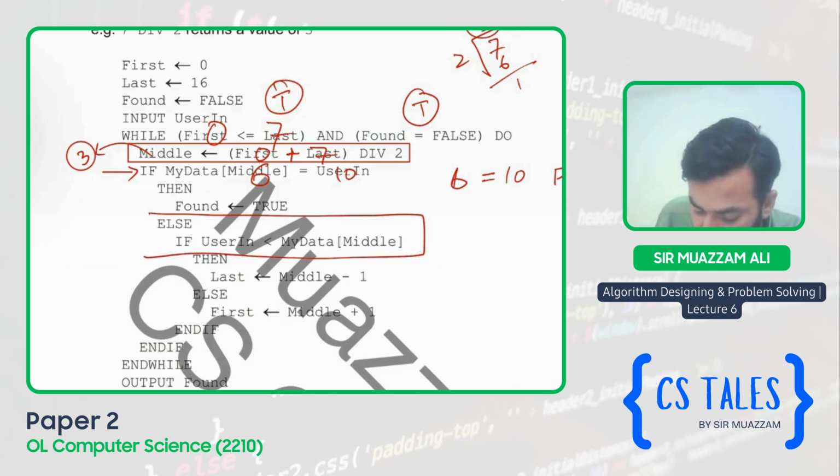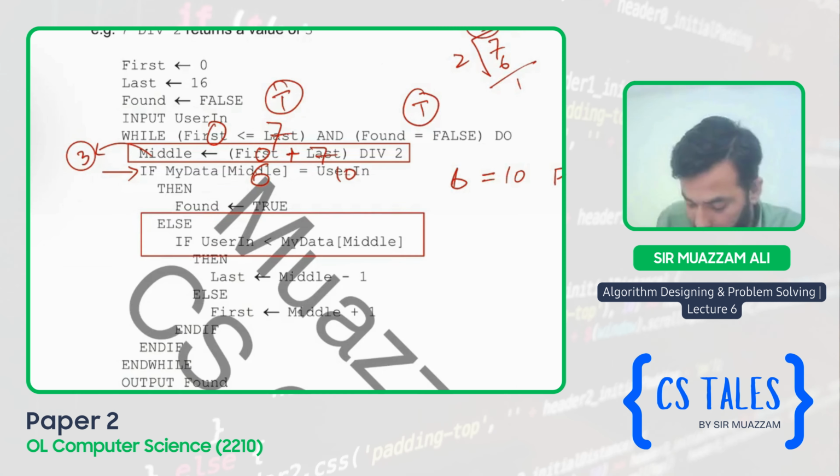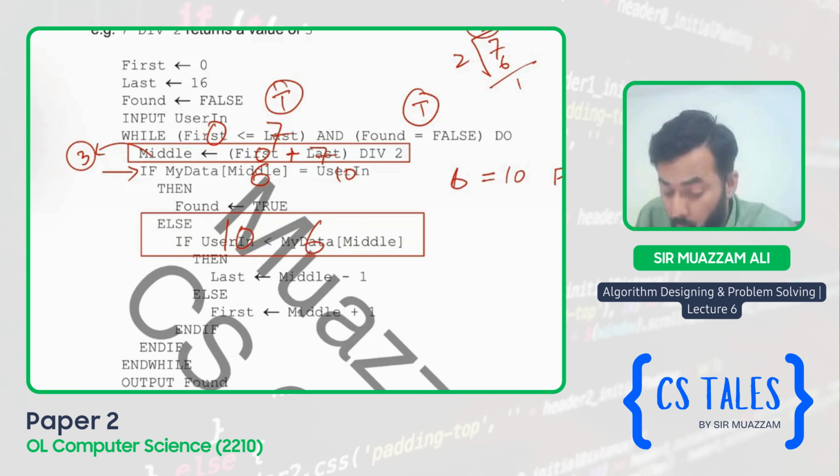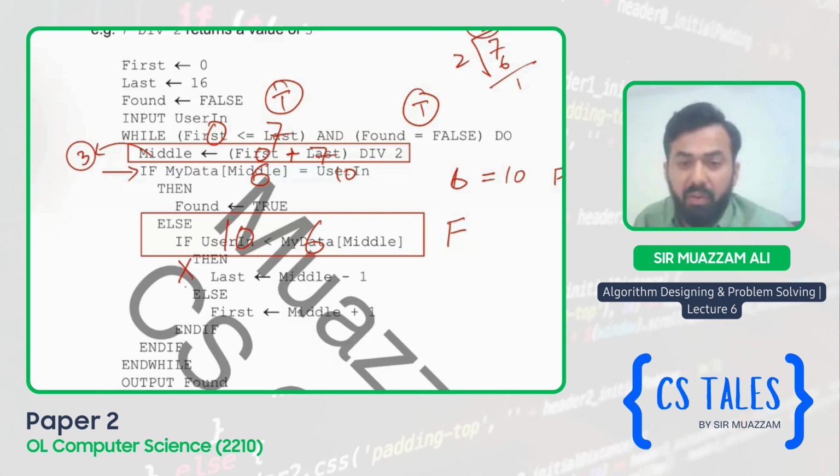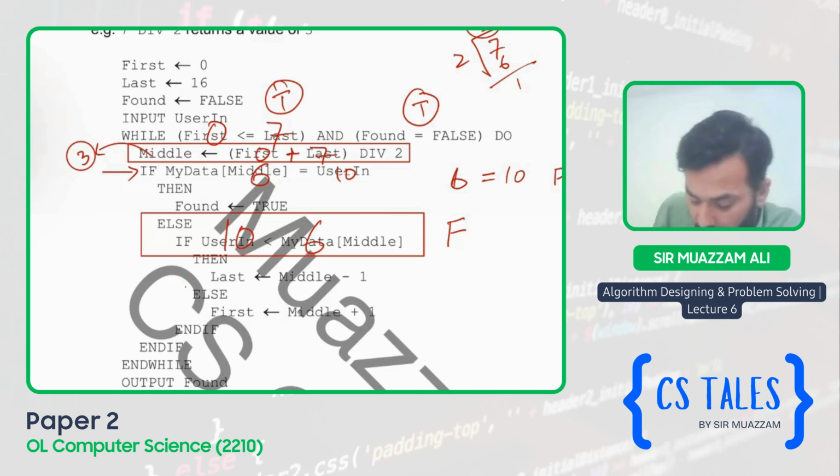Whenever you come to the else part, user in is equal to 10. My data middle value has become 6. So is 10 less than 6? No, the condition is false. You will move to the else, which means the then part will not run. The else part will run.